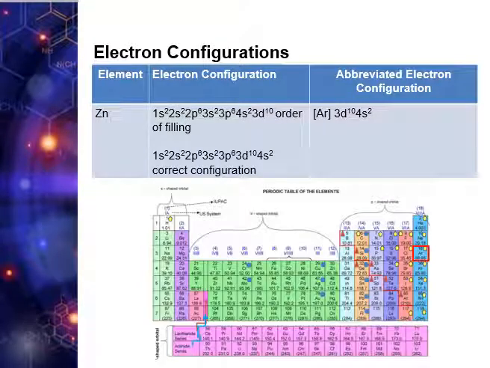Let's look at zinc. The noble gas closest to zinc without going over it is argon. Argon represents 1s2, 2s2, 2p6, 3s2, 3p6. Then past argon would be 4s2, 3d10. They rewrite it to put the 3 before the 4, so the correct abbreviated configuration for zinc would be argon in brackets, 3d10, 4s2.